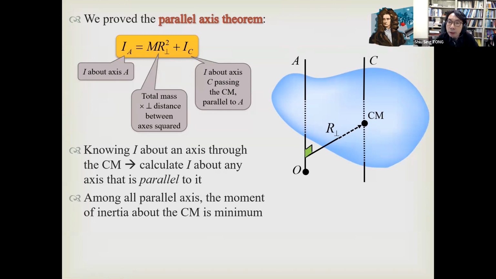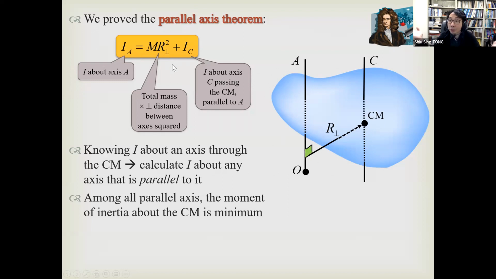Okay. Now, I would be able to get a simple relationship between the moment of inertia about A and the moment of inertia about C. IA and IC are simply related by this formula. IA is equal to IC plus what? Plus the total mass of the object multiplied by the square of the distance between the two axes. So it's M r prime squared.